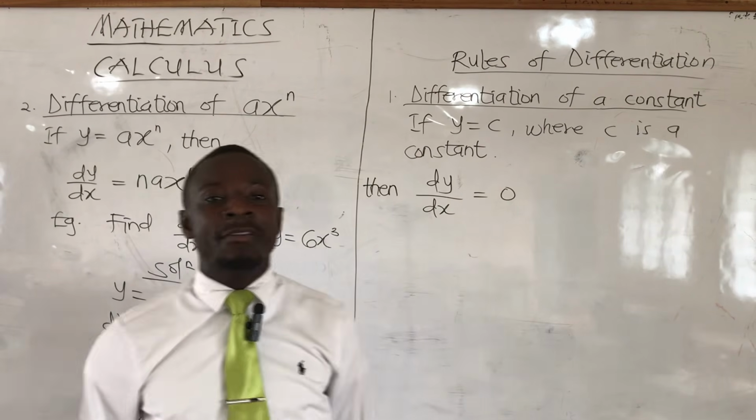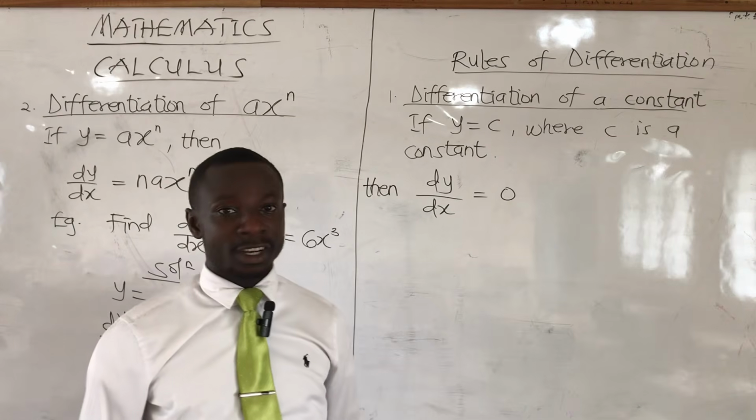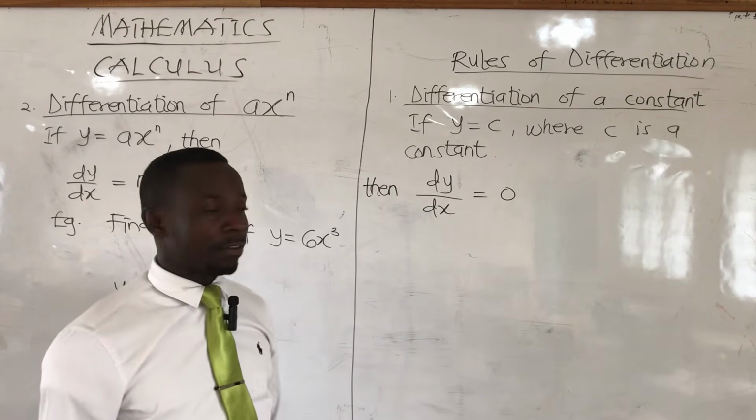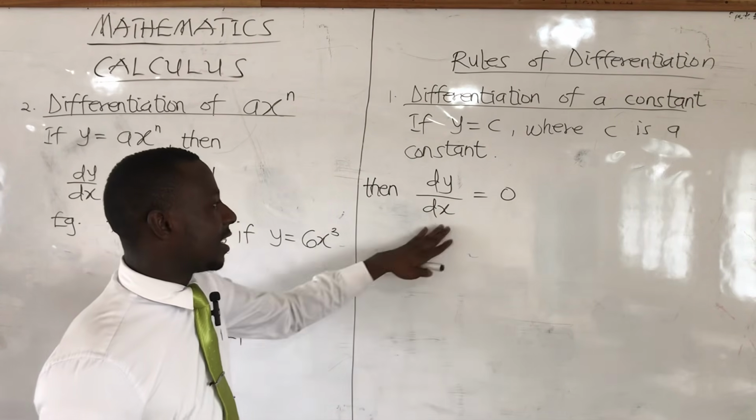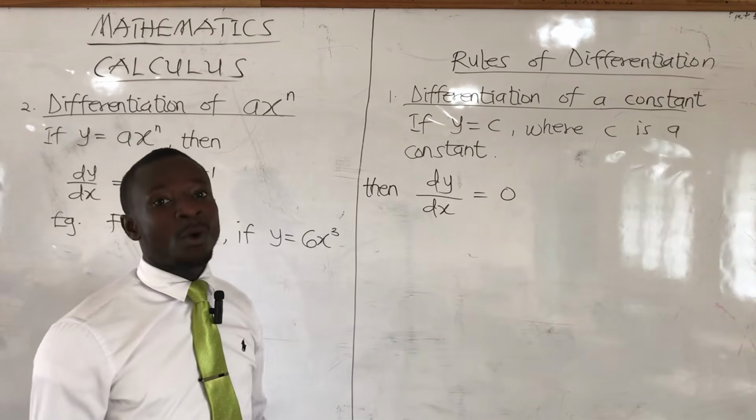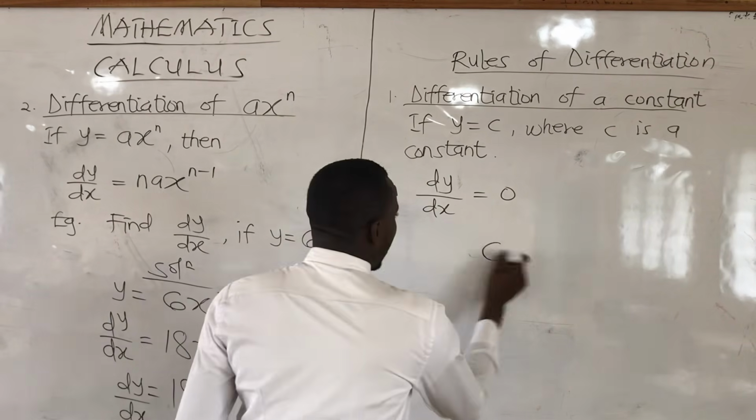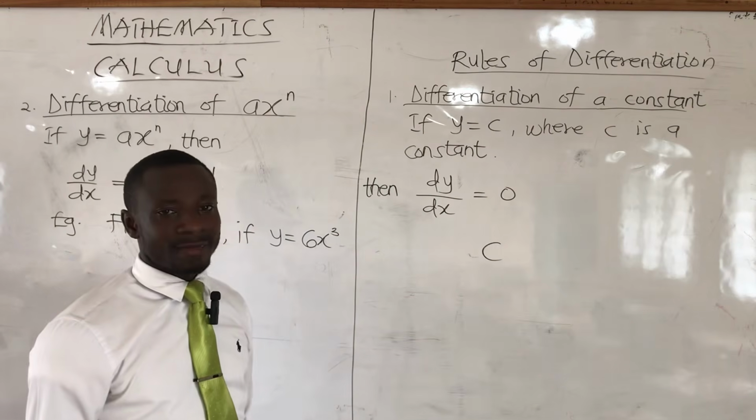So anytime you are finding the differential or the derivative of a constant, then the answer is going to be 0. Why? Now let's take c as an example.